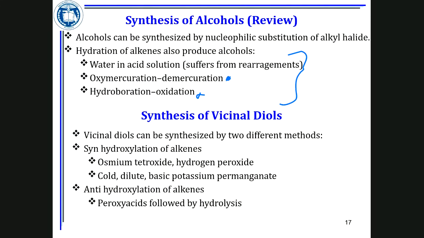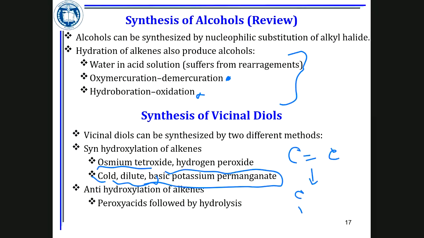So from an alkene, it will give you either ketone or aldehyde. But if it's dilute, that is the key. Dilute and cold basic permanganate is going to give you diol. So you start with the C=C double bond, and it would change to an OH on each of the carbons.